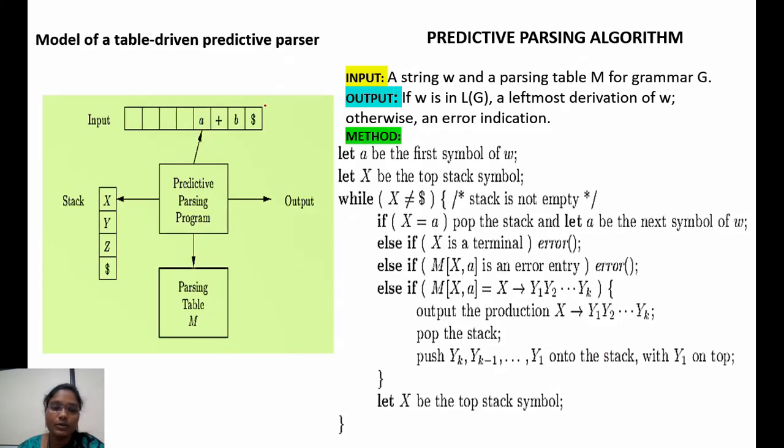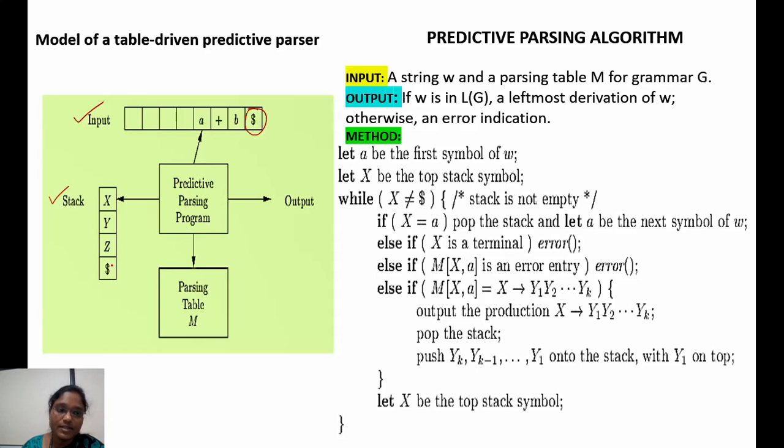For doing this predictive parsing, we have a model which corresponds to a predictive parsing table. The model of a table-driven predictive parser has an input buffer where we have the input string, ended by a special symbol, the dollar symbol, and we have a stack.